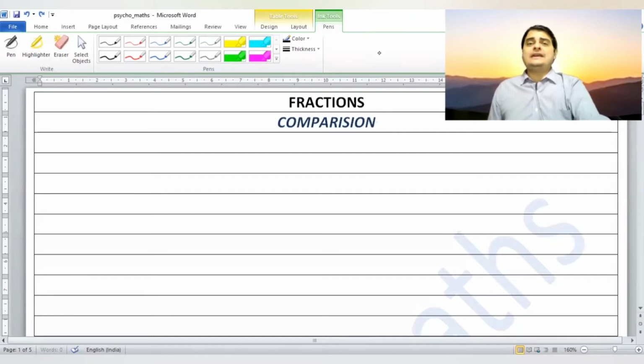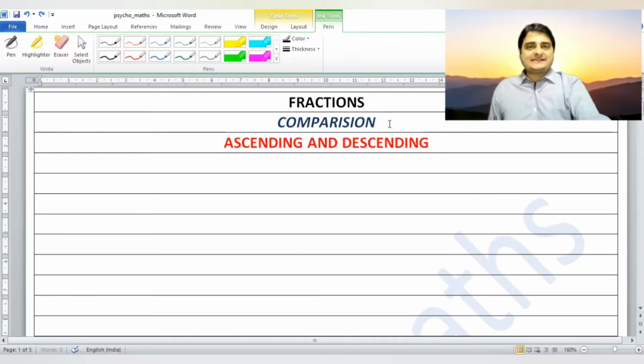And not only the comparison, it is also to arrange them in ascending order and descending order. So viewers and students, in this session we will be getting through fraction comparisons and arranging them in ascending and descending order.